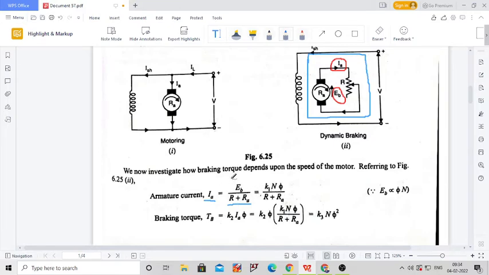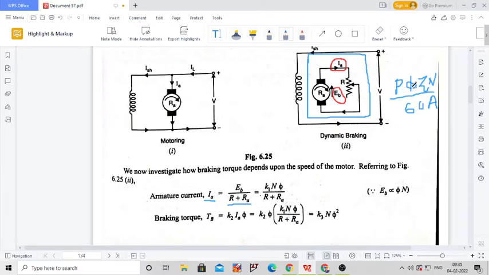So what is this Eb? The back EMF Eb, we generally determine by P phi Z N upon 60A, which is similar to the generated EMF Eg.